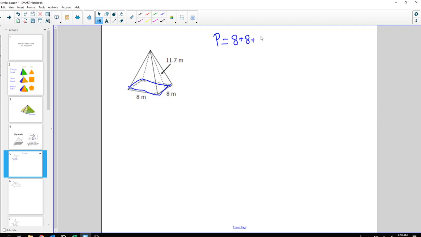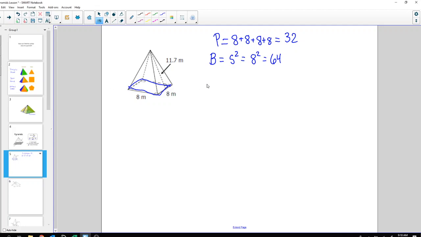So 8 plus 8 plus 8 plus 8. So the perimeter of that base will be 32. The next piece that I want to find is the area of my base, that capital B. So area of a square is going to be side squared, which in this case is 8 squared. So the area of that base is going to be 64 meters squared.